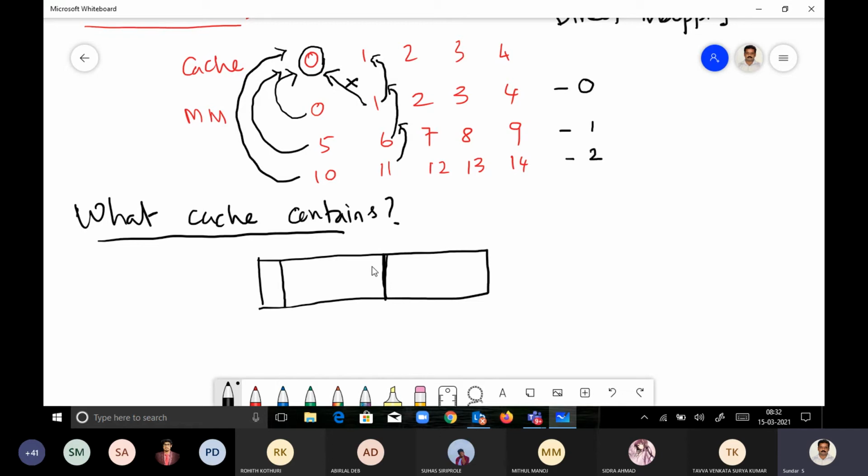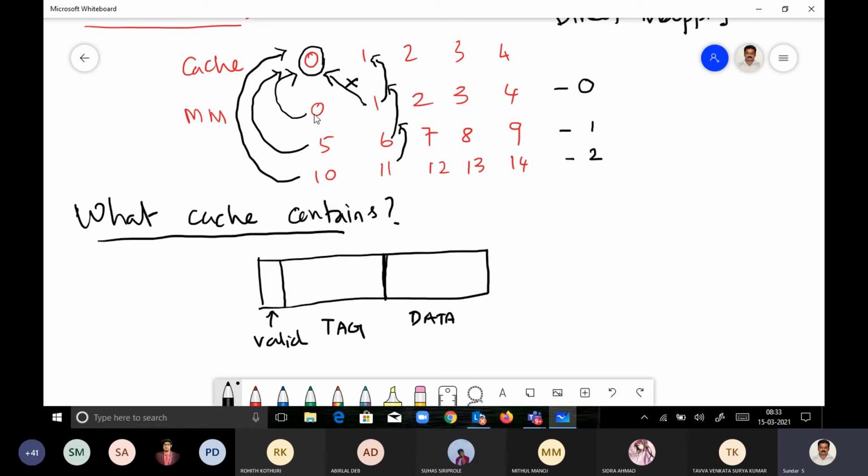This part will have data, this part will have a tag. How many bits per tag? How many bits per data? I will work out one example. This bit is called valid. So what is data?